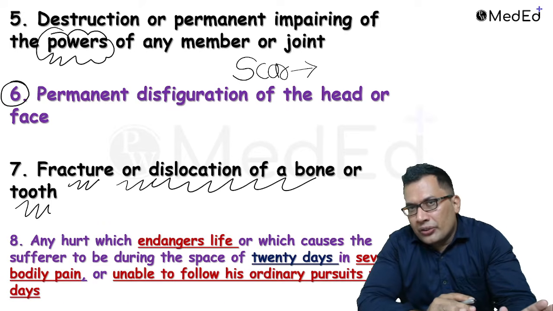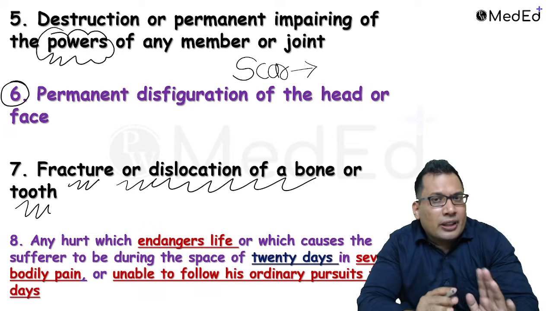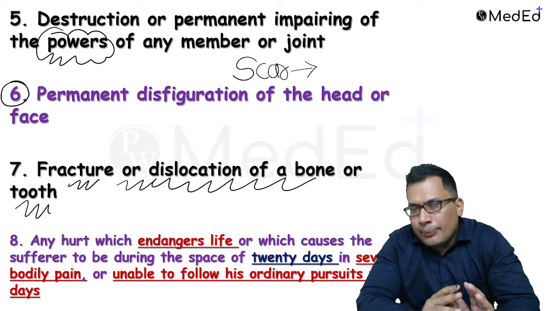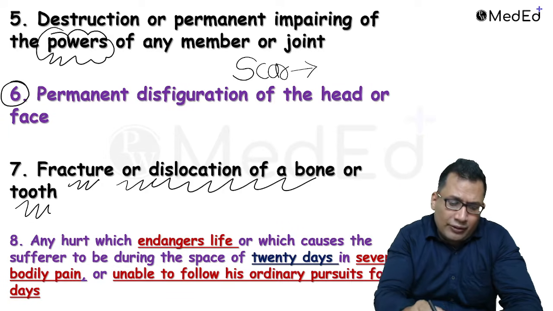Lastly, the 8th clause. One very commonly asked question in your viva: what is the 8th clause of grievous hurt? Your answer should be, 8th clause is any hurt which endangers life.